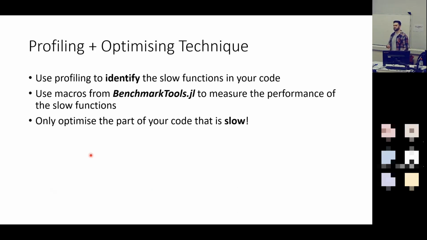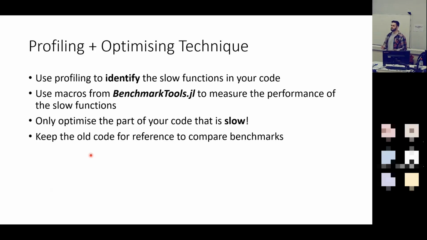The reason we do this is because optimization takes a lot of your time, and often the code that comes out will be less readable, less easy to maintain than before. So you basically only want to optimize the parts that will make a big difference to your program. If a function only takes 1/100th of the total execution time, there's no point optimizing that. You should focus on the rest of the 99%.